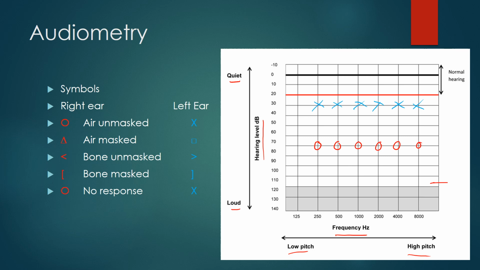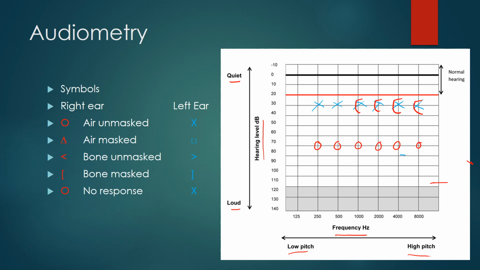In which case, if this were a conductive hearing loss, they might record, let me just swap colours. I use the red to denote the right ear, so they might record that through bone conduction we would have normal hearing along these key frequencies, and that tells us that although what the patient is able to hear is decreased, the cochlea and the nerve of hearing, the cochlear nerve, is still intact.